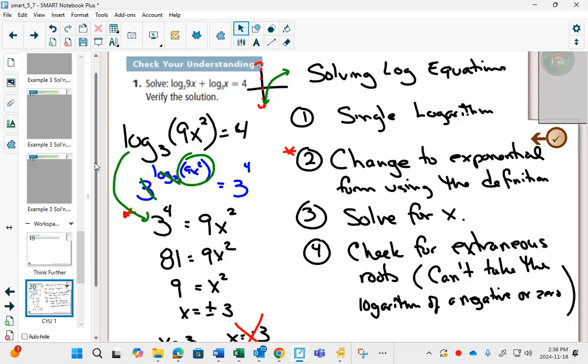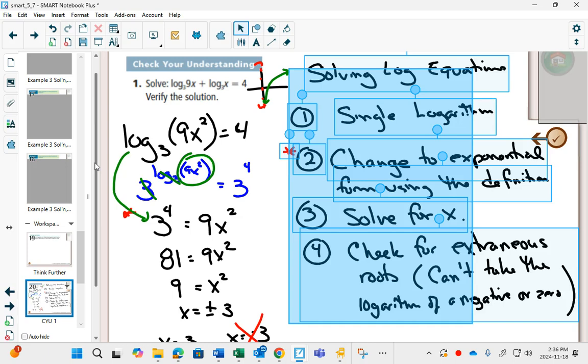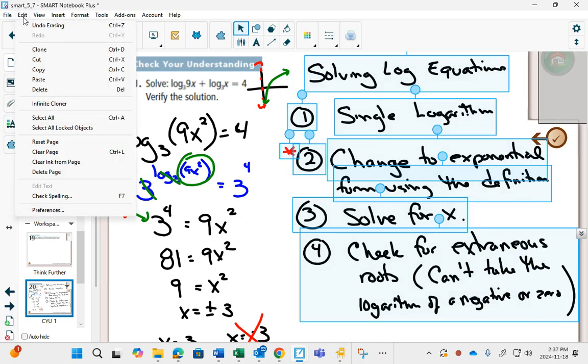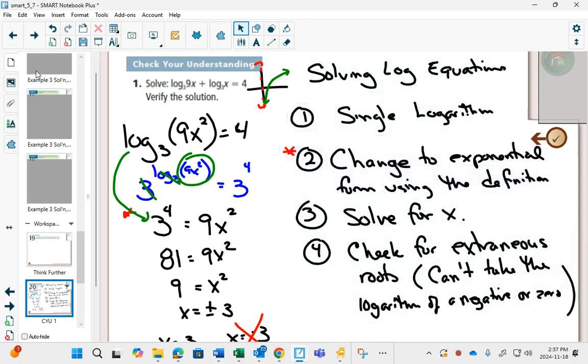Then solving is easy, except you have to check. You're not allowed ever to take the logarithm of 0 or the logarithm of a negative number, so you could get an extraneous root. Copy this. Questions for practice on this one are 3, 4, and 9.